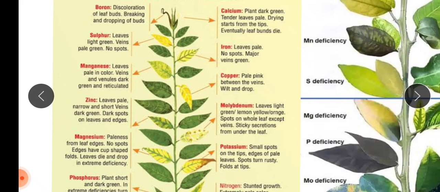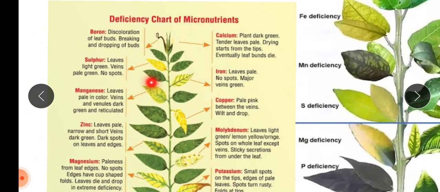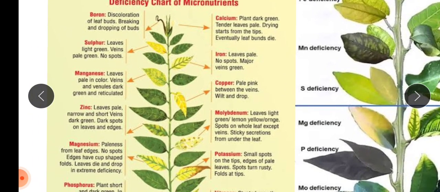Then also pahla blight in sugarcane crop. These are symptoms we have observed due to the deficiency of manganese.